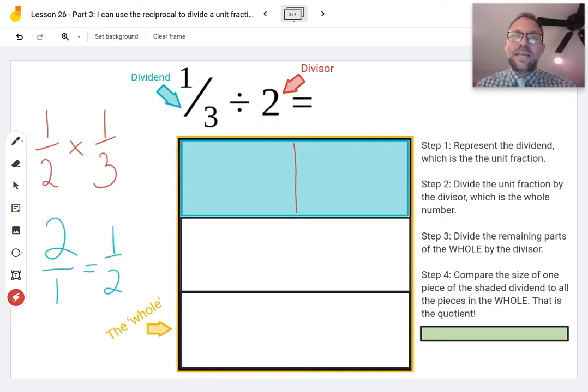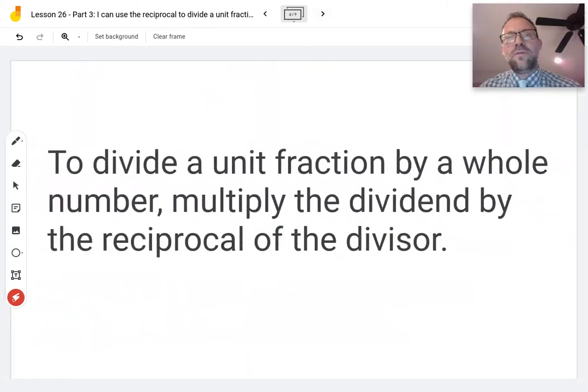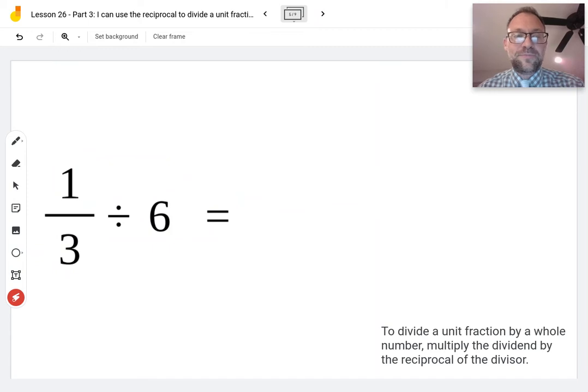So let's formalize this and make this very clear, and then let's practice this over and over. To divide a unit fraction by a whole number, multiply the dividend by the reciprocal of the divisor. Let's see how that works in another example.